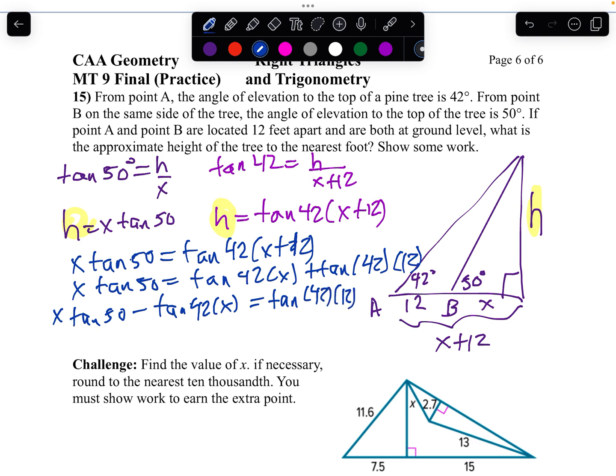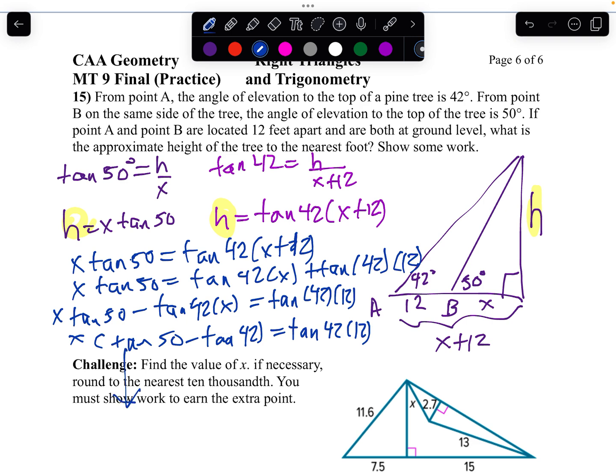Then I could factor that x out, and I'm going to get x times the tangent of 50 minus the tangent of 42 equals the tangent of 42 times 12.